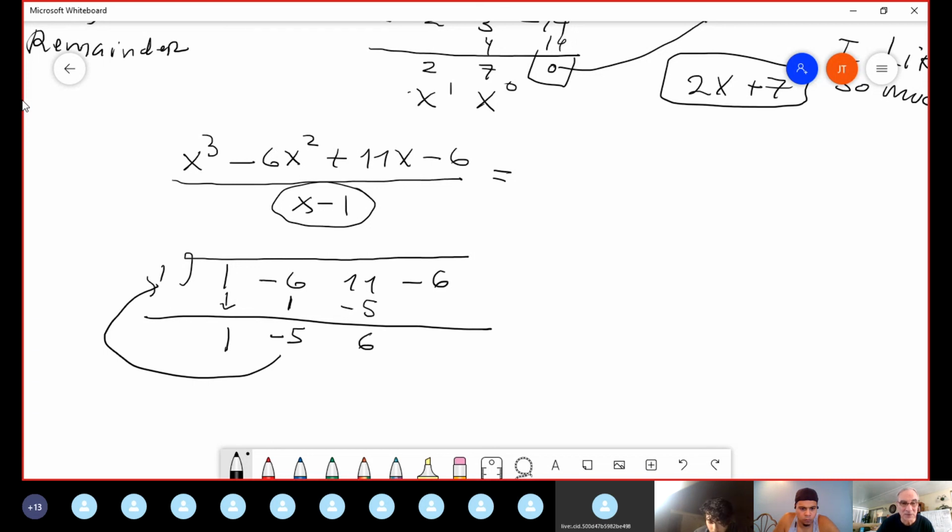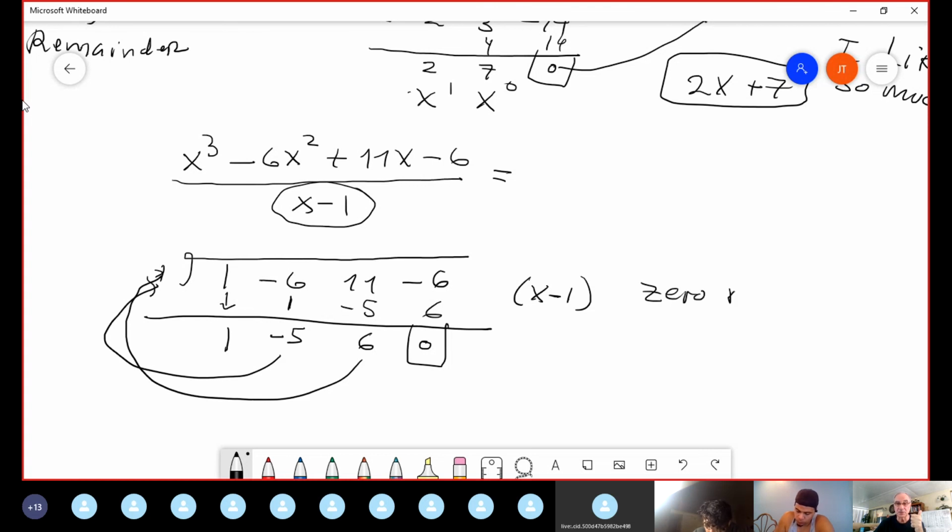And this is 6, and multiplication, this and this is positive 6, and the remainder is 0. That means x minus 1 is a factor of this polynomial, because when you perform the division, you get a 0 remainder. It's an important idea.